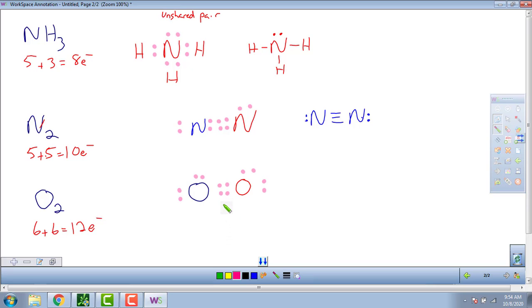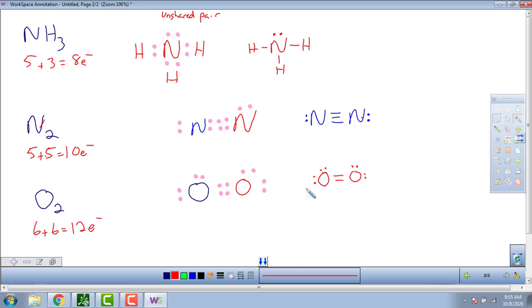Now I see the blue one has 8 and the red one has 8. So they both achieve their octet this way. Now this is a double covalent bond. They're sharing 4 electrons. And for now, we'll just put the extra ones just like this.